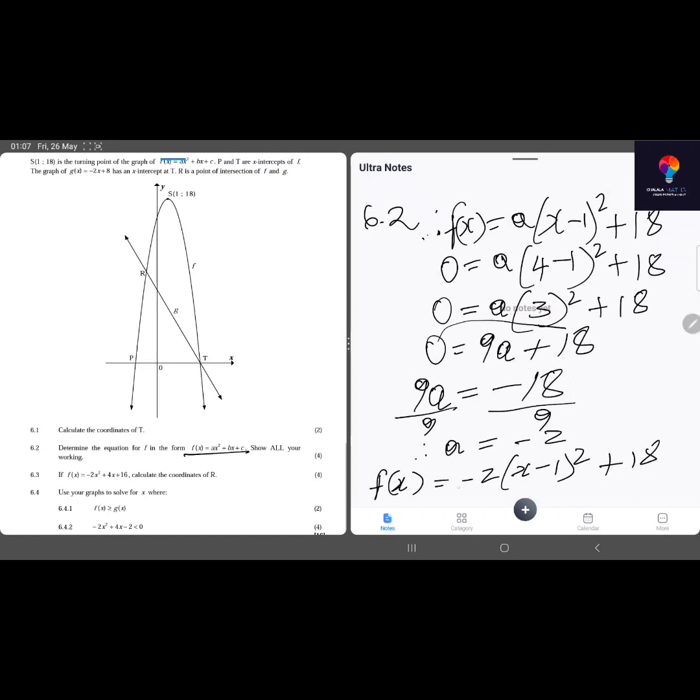Therefore, to put it in the form that was required, we say minus 2, and we expand (x minus 1) to the power 2, which gives us x squared minus 2x, because 2 multiplied by x multiplied by minus 1, plus 1 to the power 2, which is 1, plus 18.